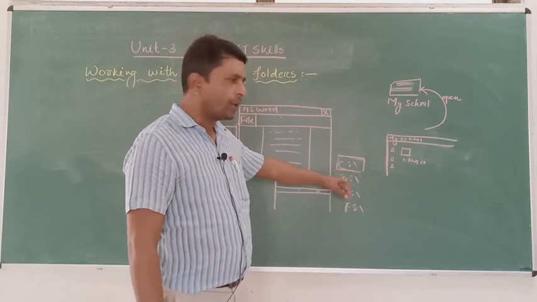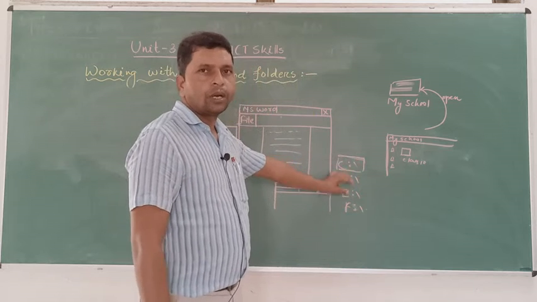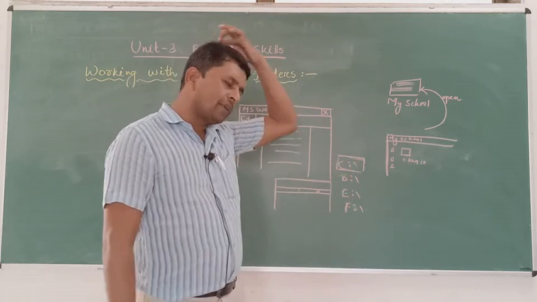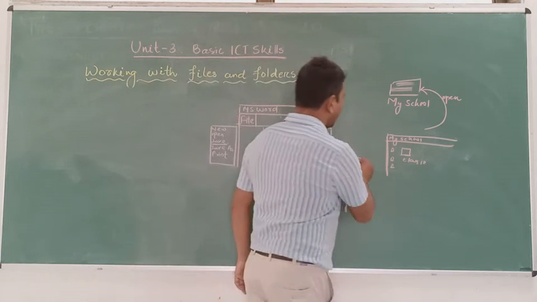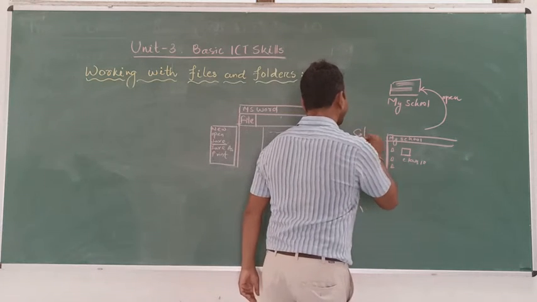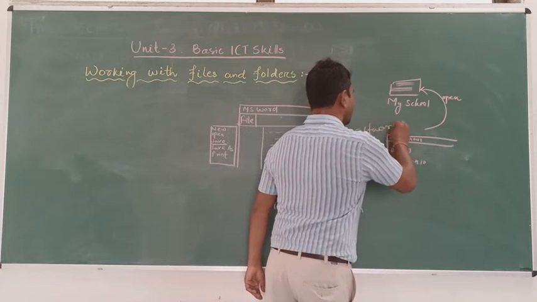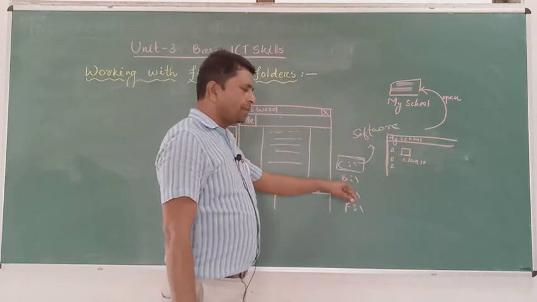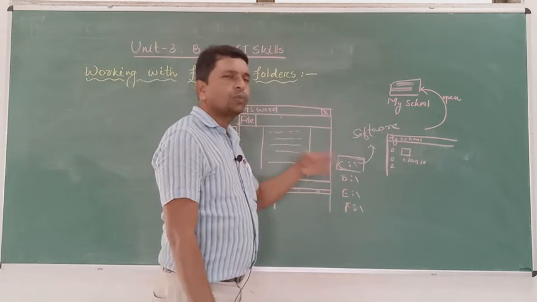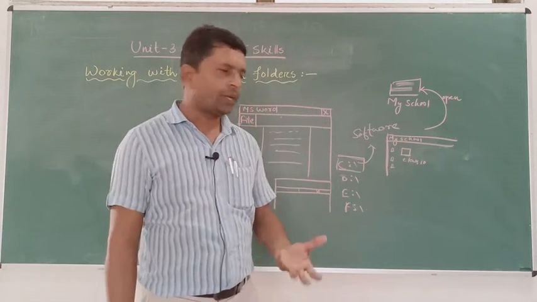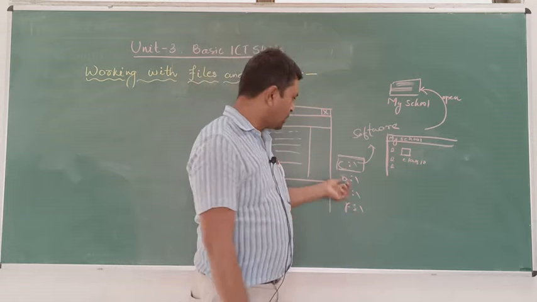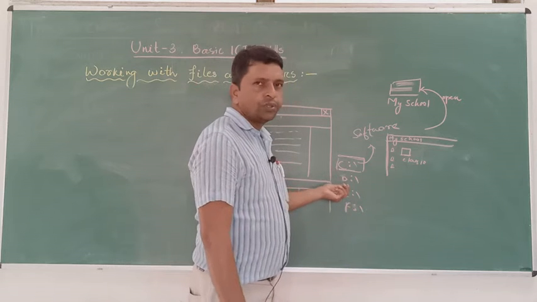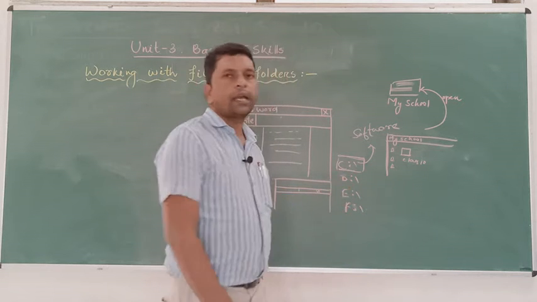We can store here, but we do not want to store in the C drive because it is specified only for software. So we have to store our files, folders, any other things that we have, pictures. We can choose D drive, E drive and F drive.